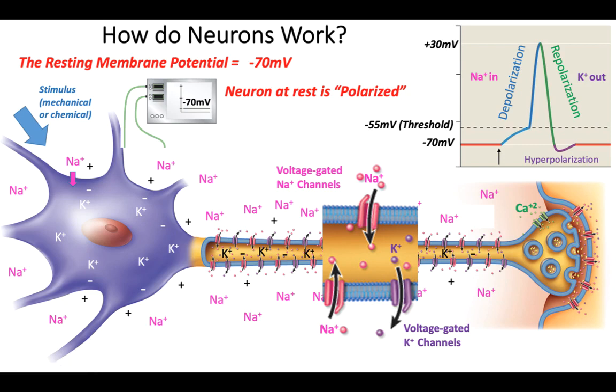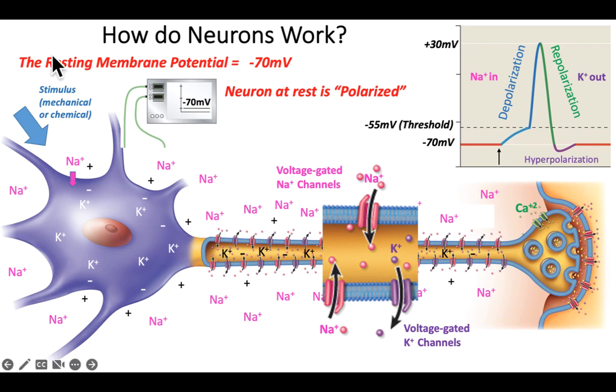Okay, so now that sets the stage. What could happen? Well, we see here this is where a stimulus is occurring. This could be a mechanical stimulus. So maybe this neuron is a pressure sensor in your skin, or maybe it's a stretch sensor in the urinary bladder. And when there's a mechanical stimulus, it stimulates at the dendrites.